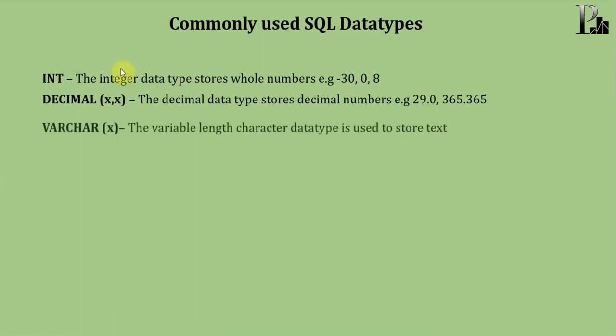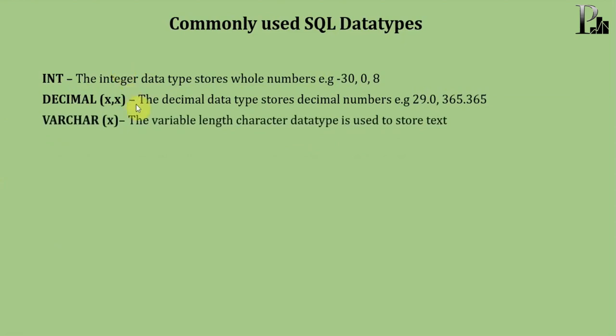Another data type that is commonly used is varchar. Varchar means variable character, and this one is used to store text. I put XCSF because it allows us to choose the length of the text we want to store. We will understand that one later as we begin to enter and manipulate data inside MySQL.